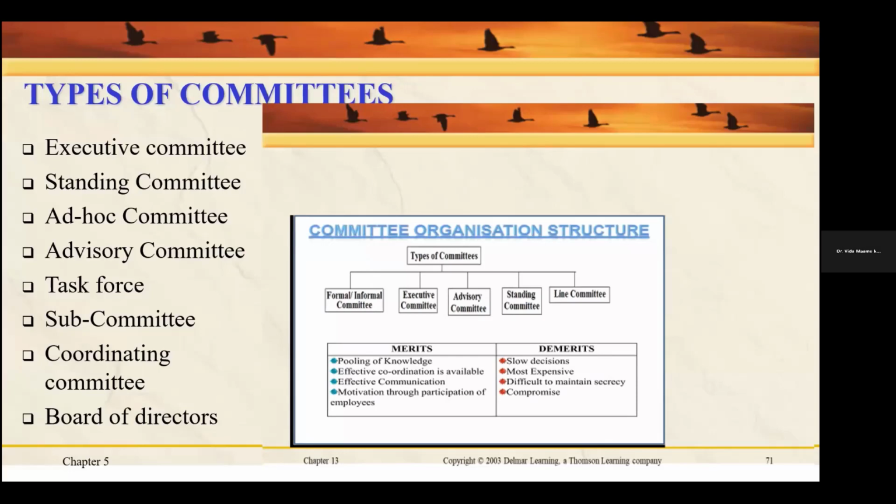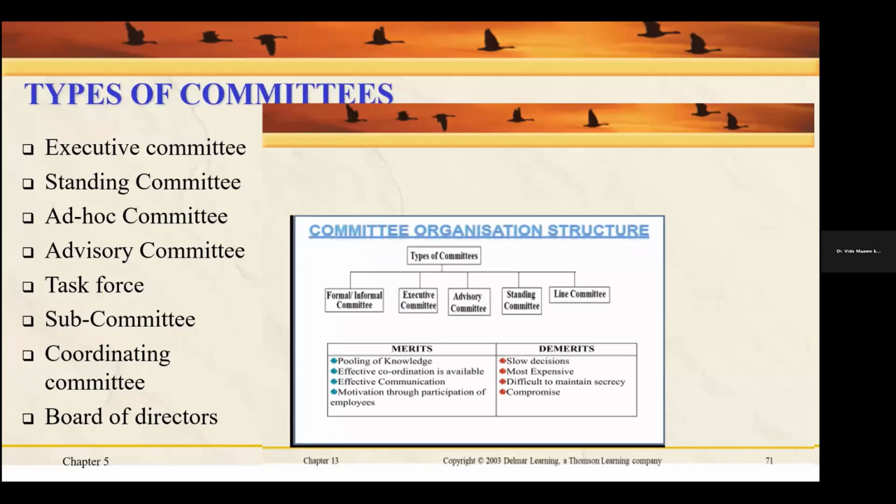So these are the advantages: pooling of knowledge together. So when you form a committee, we pool knowledge. Sometimes we have committees that are formed to investigate something, committees formed to solve a problem, committees formed to bring out something.